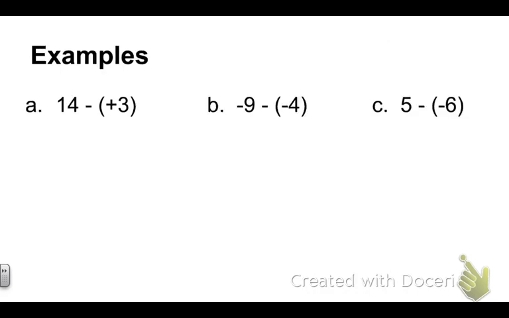So a couple of examples. Don't want you to solve them. Just change the double signs. What would it mean? So 14 minus positive 3 is simply 14 minus 3. For the second example, negative 9 minus a negative 4. Again, this is saying what is the opposite of a negative.